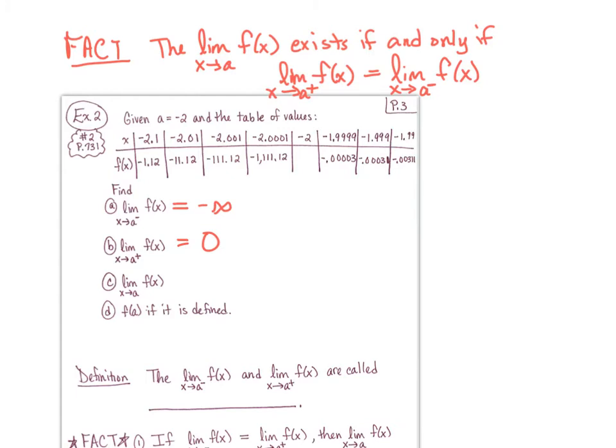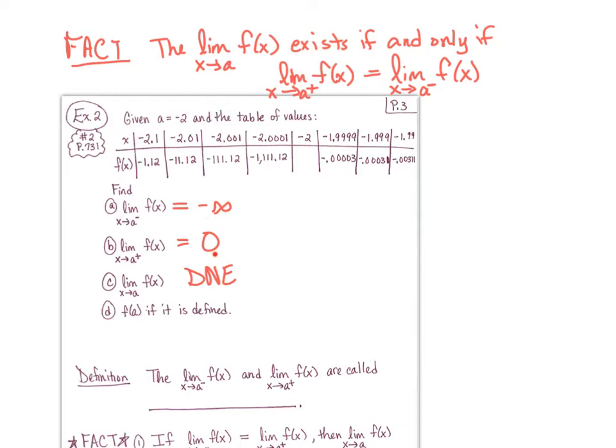What's the limit of f of x as x approaches a? It does not exist. Very good. Why? Because the left-hand limit, and I'll define that in a minute, is approaching negative infinity.